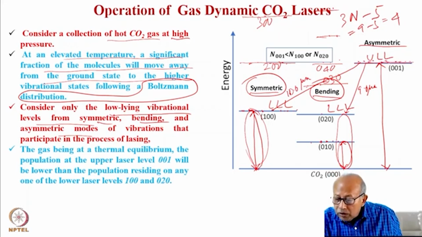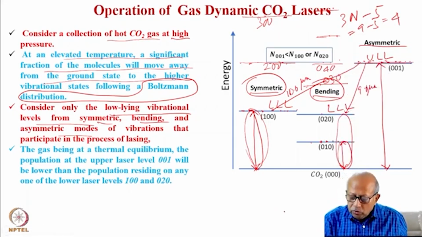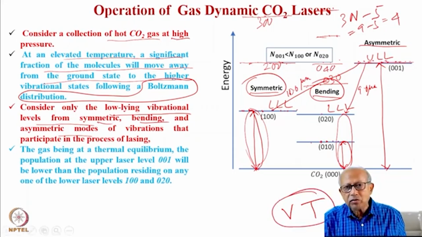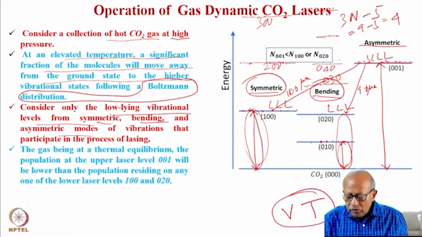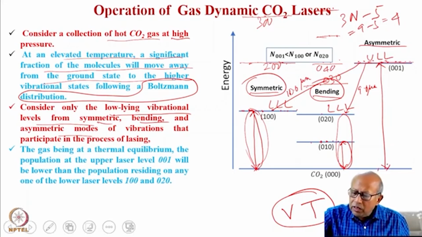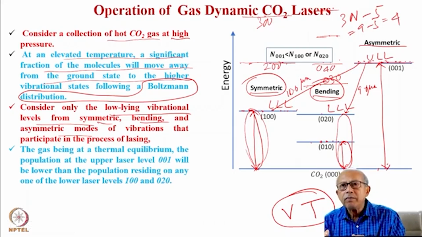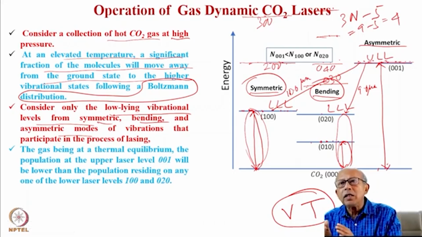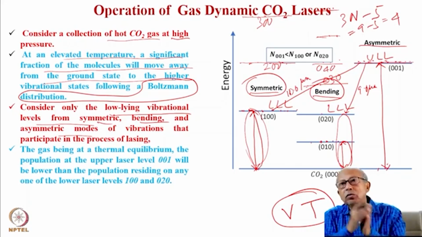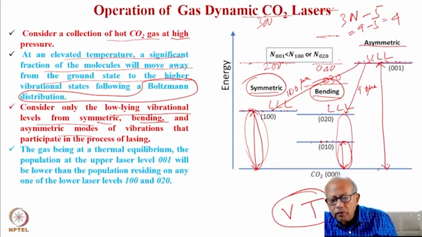Because from this point, if they have to further relax, it has to be through the VT relaxation process, vibrational to translational energy transfer. If it has to come here, this vibrational energy has to go as kinetic energy of the colliding species. So the energy gets transferred from one kind, that is vibrational, to translational. Such processes are extremely slow.